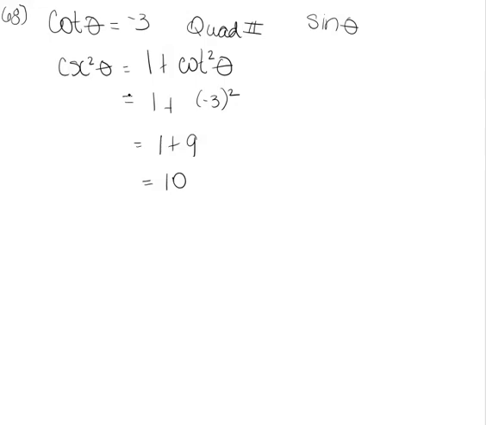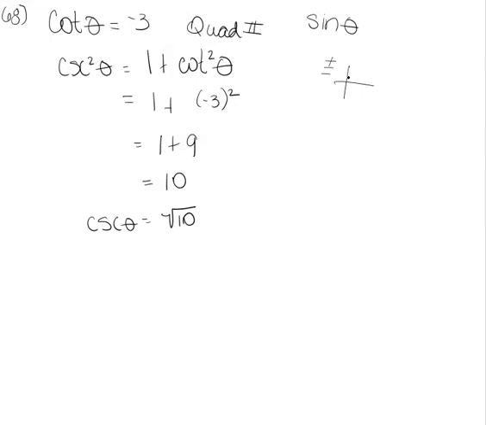But I want the square root, so cosecant theta is equivalent to the square root of 10. I need to decide if I'm taking the positive or negative, but in the second quadrant, we know that sine, and therefore cosecant, is positive, so I'm taking the positive square root of 10 for cosecant.